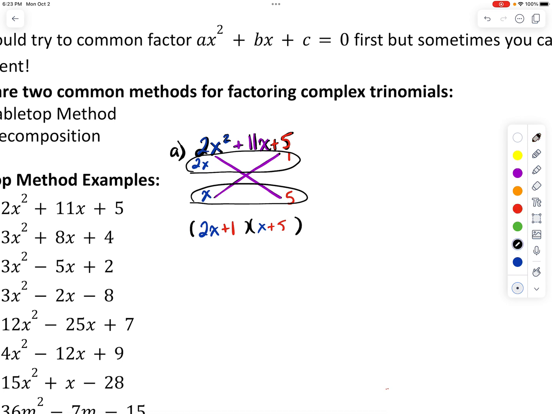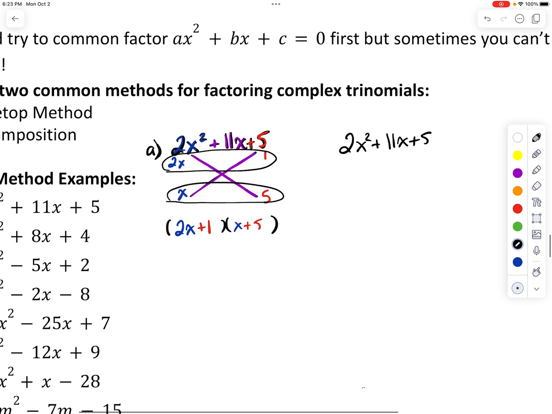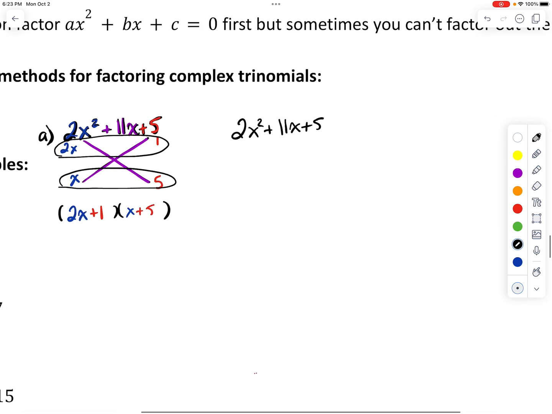There's another method, and I'm going to do the exact same question using the method of decomposition. The method of decomposition is you look to your first and your last numbers and you multiply them. So 2 and 5 gives me 10. Sorry, not 10 x's, just 10.